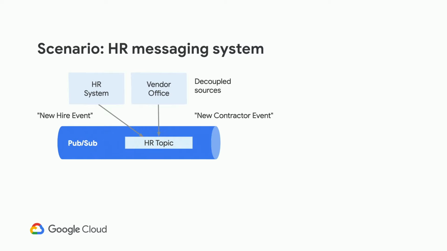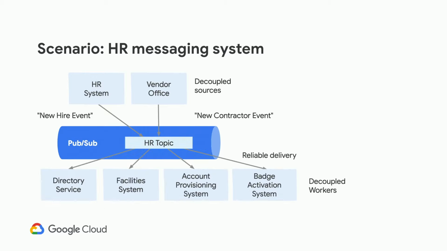Then who is actually waiting for the information coming from the HR system or the vendor office? You might have a lot of different systems that need to use those messages coming in. So having PubSub in between is nice because you can easily decouple. You don't need to have all the underlying systems linked to the HR system or the vendor office.